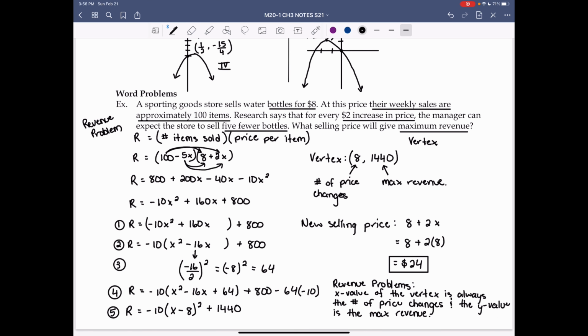So the store will earn their maximum revenue, which is $1,440, when they increase the price 8 times to a new price of $24.